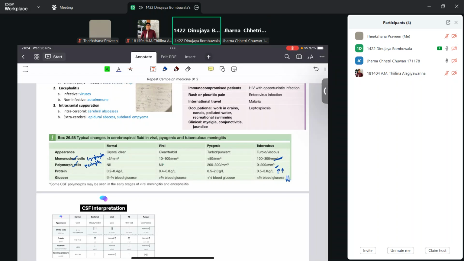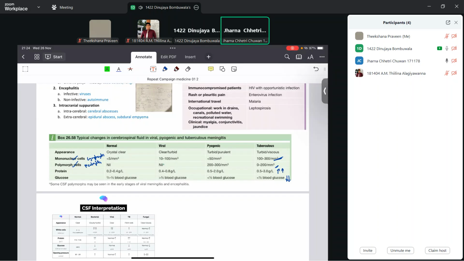We have to check the blood for glucose. Are you going to take blood glucose before CSF analysis or after? Before. Why? The blood glucose changes when we do the lumbar puncture and check the CSF. Why?